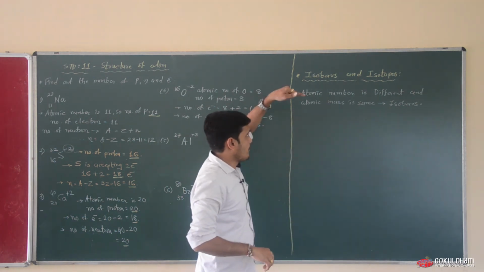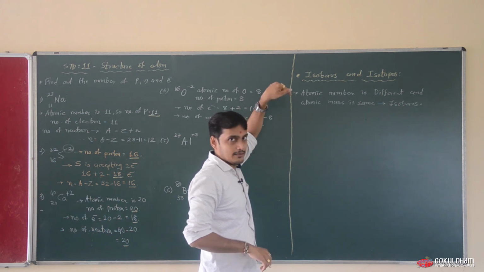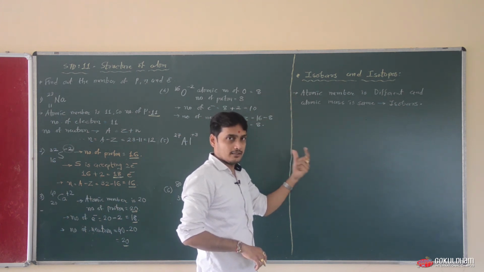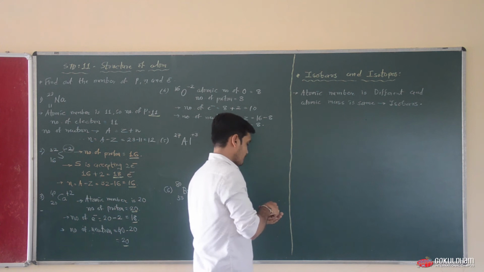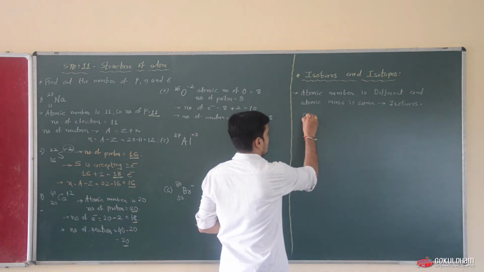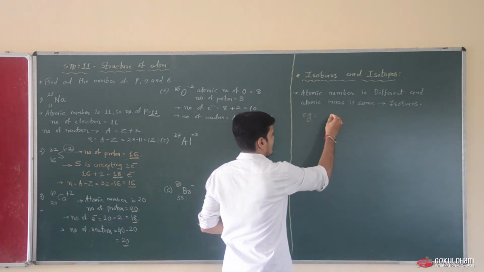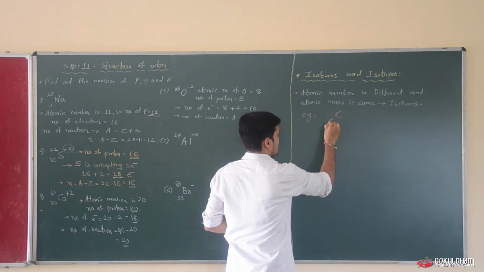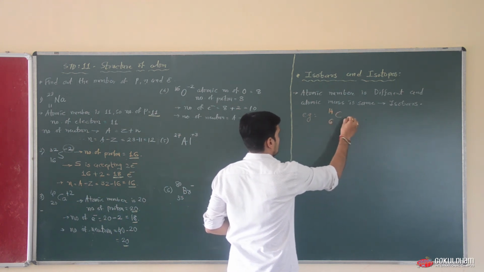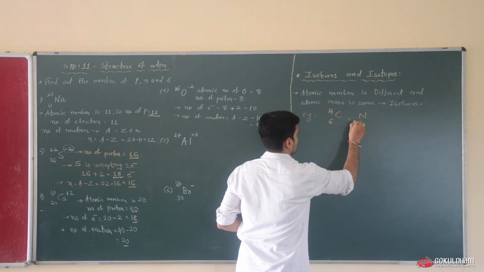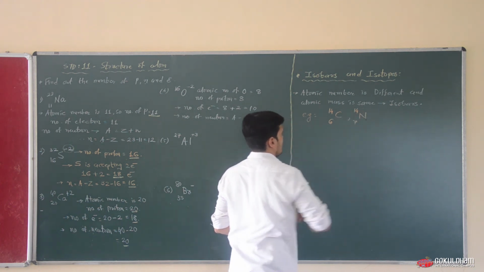So the top of atoms is same but the bottom of atom is different. So the example of isobar is carbon 6 14 and nitrogen 7 14.